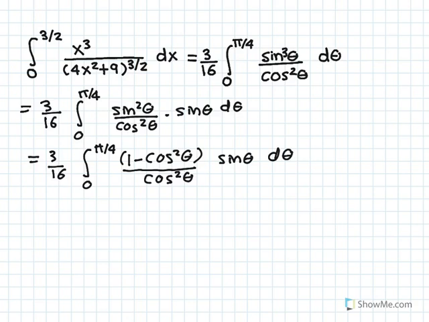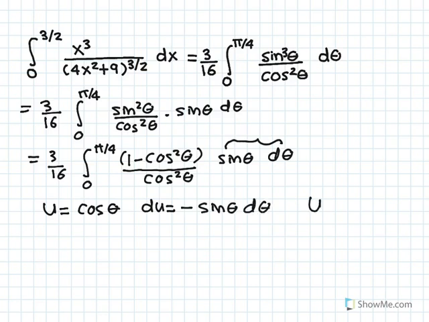So now we have a trig integral that's easily solvable by applying a U substitution, letting U be equal to cos theta. Then this part is going to get cancelled out because the derivative of cos theta is minus sine theta d theta. We're going to change the limits as well. So our new variable is U, U is equal to cosine theta. Its derivative du will be minus sine theta d theta.